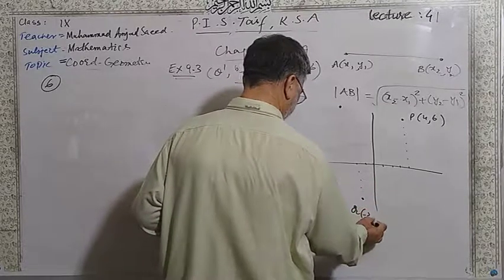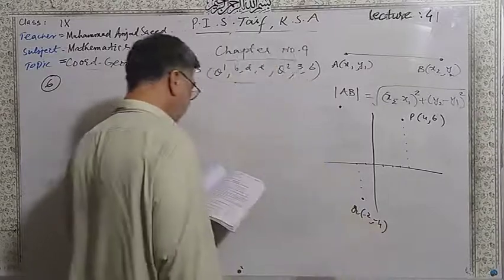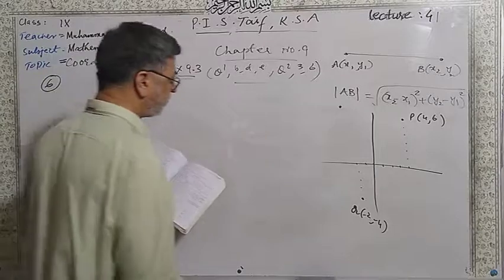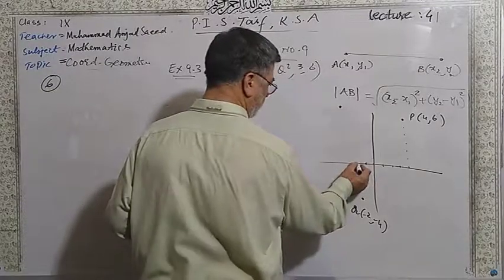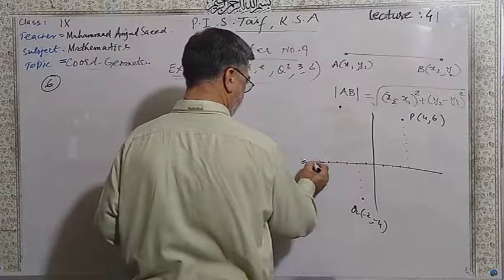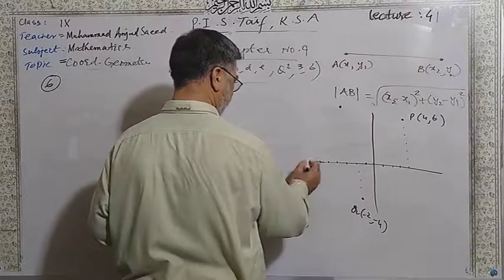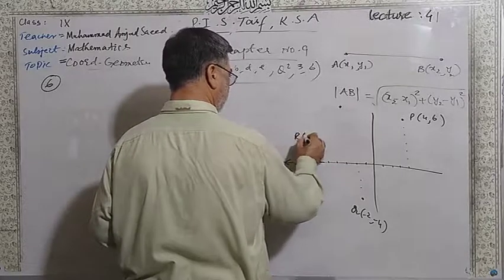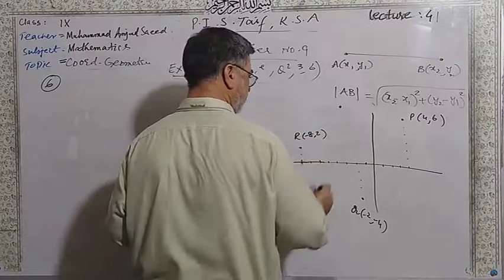Q is (-2, -4). R is (-8, 2): minus 1, minus 2, up to minus 8, and 2. R is (-8, 2).